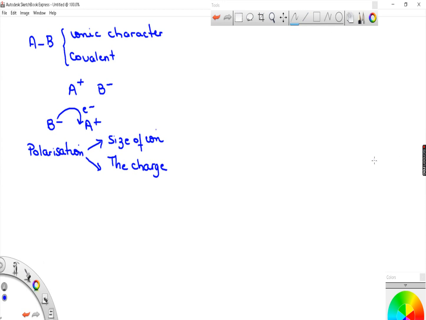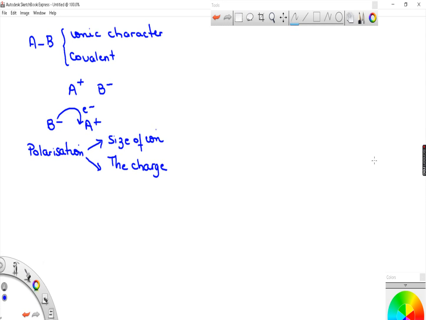The small positive ion favors covalency, and the large negative ions favor ionic character.